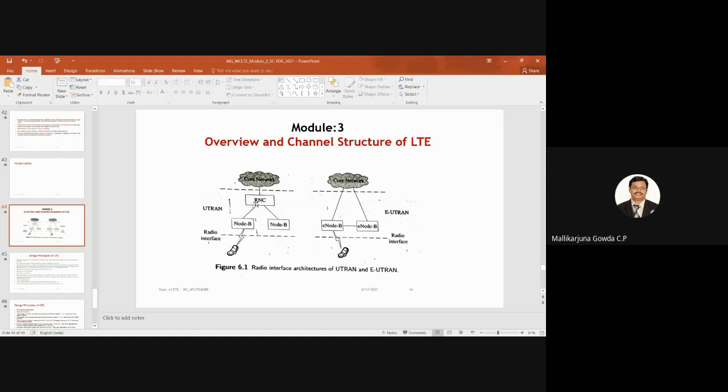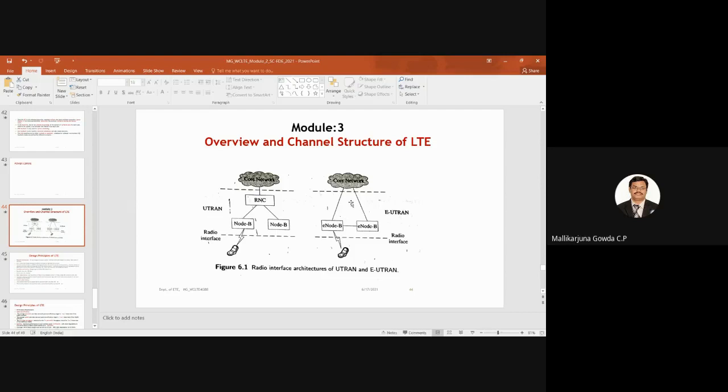One is the radio network controller, that is RNC, which controls the nodes, the base stations that we call node B. Here, the functionality of the RNC has been brought into the node B, and we call that E node B. So compared to Utron, the number of network elements has been reduced.